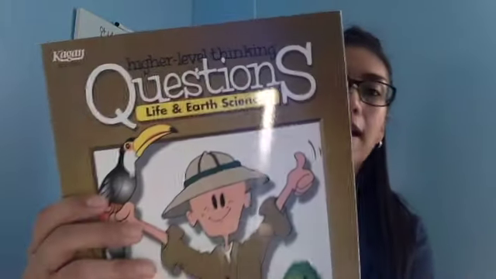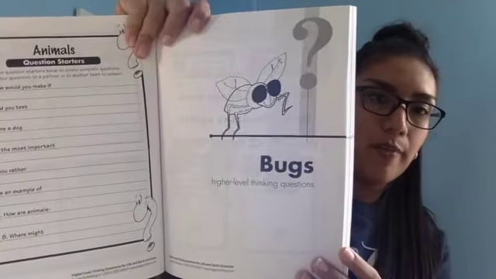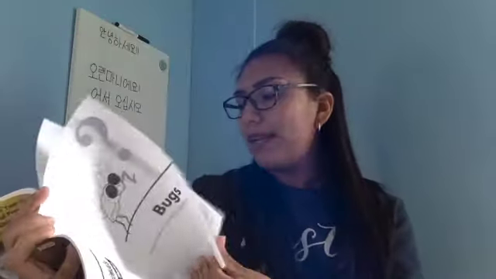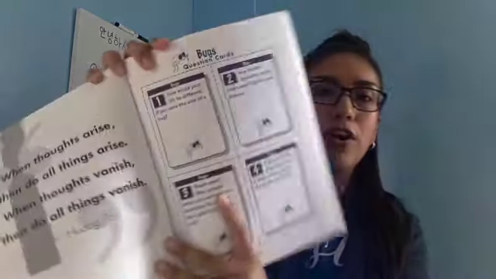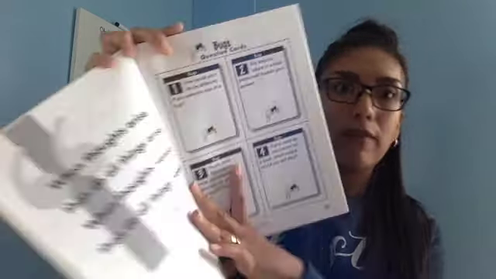And then this one, I really like this one because it's higher level questions. Let me show you. It has a whole section on bugs. And what it is, it's just different question cards that get you thinking, and they're all related to insects.